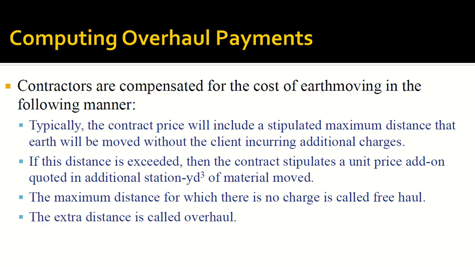So that's why. The distance for which he is not charging is called free haul. The distance in which he agrees, I will not ask for any payment, that is free haul. After that, we have overhaul.